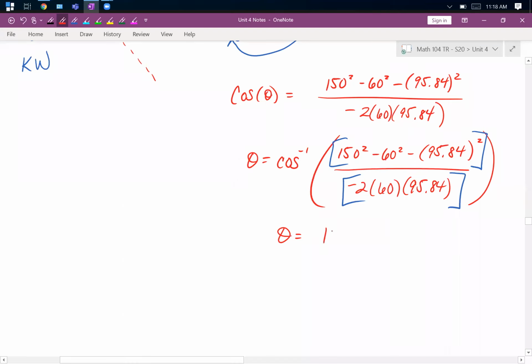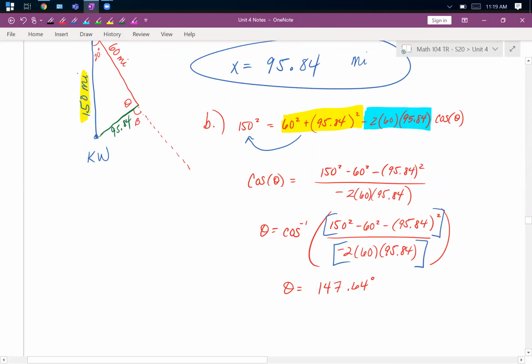I get theta, since I haven't plugged in my calculator, to be at 147.64 degrees. I can confirm that. Thank you. Here, I'm even pulling up a second computer so that I can see the chat, and I'm gonna just bring up the chat box so people can feel free to just answer via chat. Sorry, but I gotta figure out how to stop that.